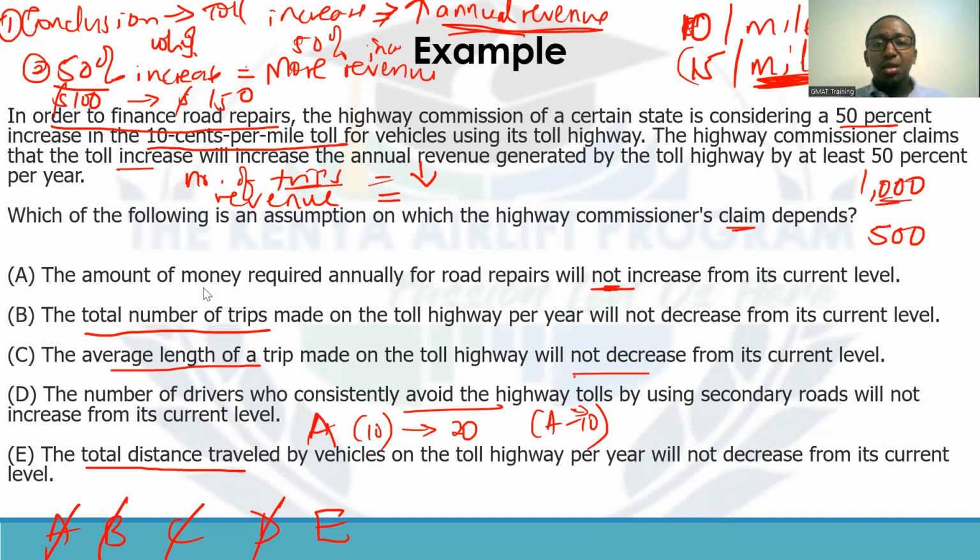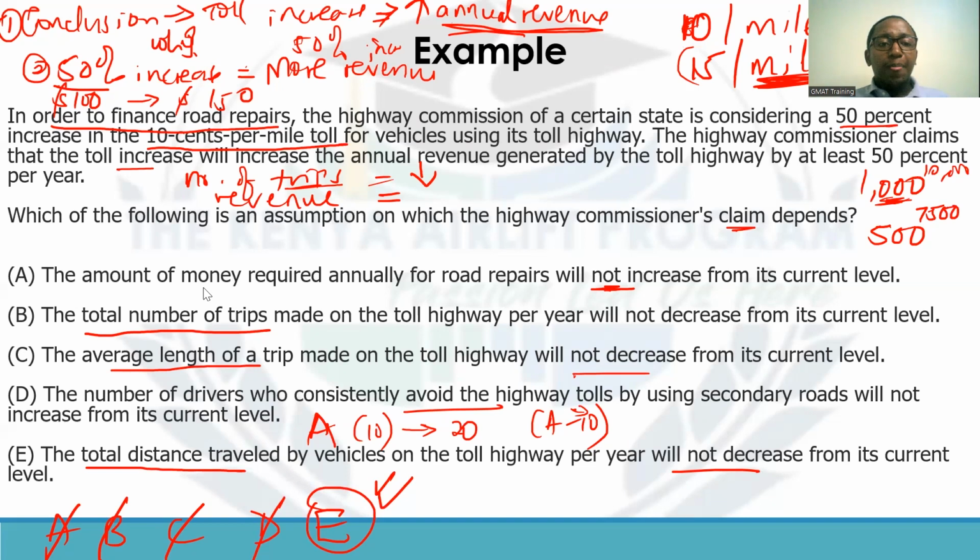It will be, say, 5,500 as compared to this, which was 10,000. So you see, these can actually affect, and if the total distance decreases, the conclusion will fall apart because the revenue won't increase. So we have found our assumption.